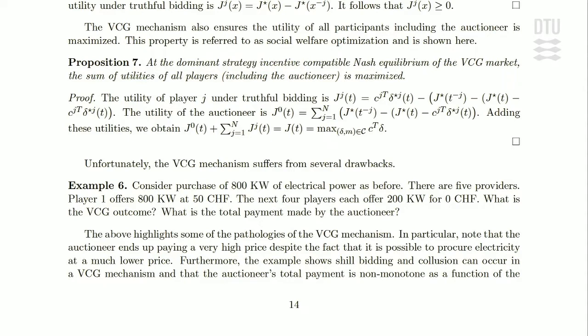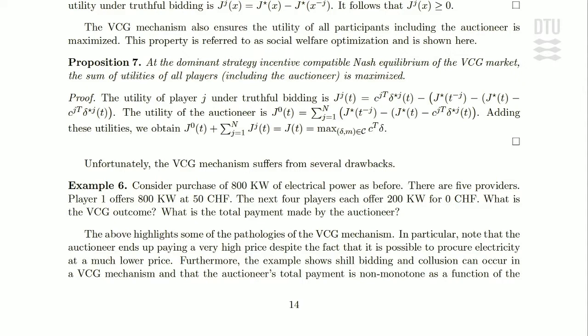Player 1 offers 800 kilowatts at 50 CHF, and the next 4 players each give 200 for 0. They just say, we'll offer it for 0, okay? Of course, in pay as bid, you don't have any incentive to do this because you will just get 0 payment.